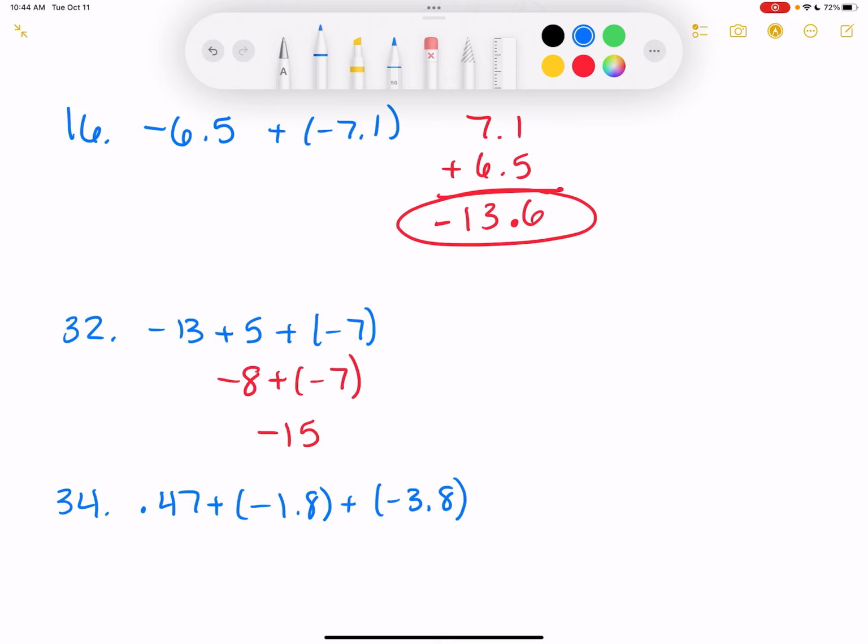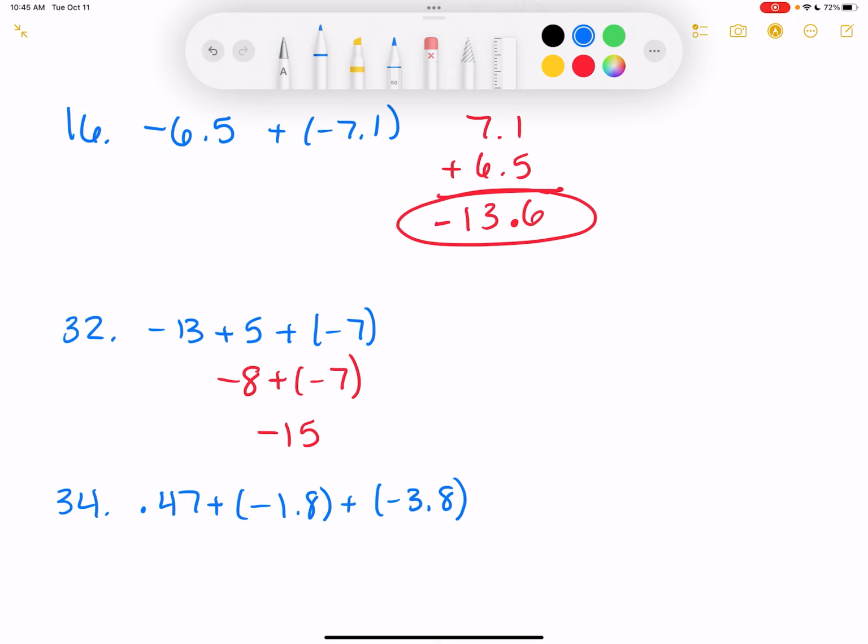Because what do you notice about the last two numbers in this? They're both negative, and they both kind of look similar, right? They both just have the one decimal place, but this one has 2. So I think in this case, I'm actually going to start with those two, because it doesn't matter. Order of operations says that adding and subtracting occurs at the same time. Typically, we go left to right, but I also like to make life a little bit easier.